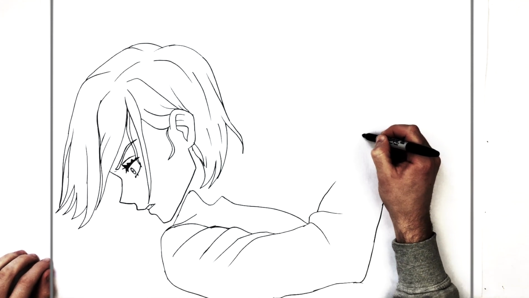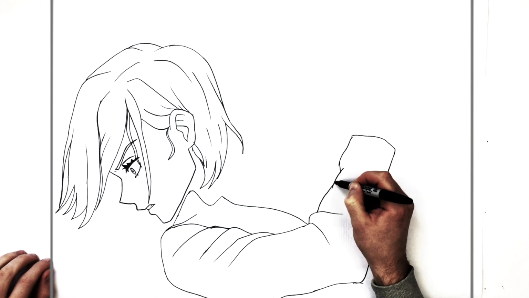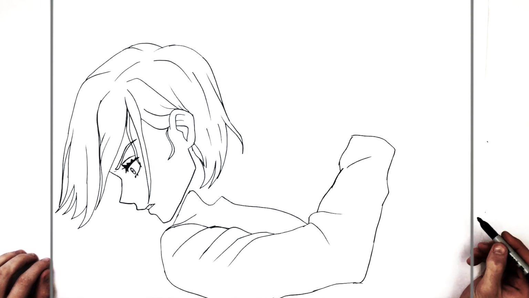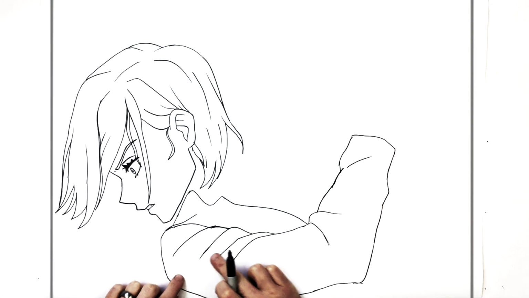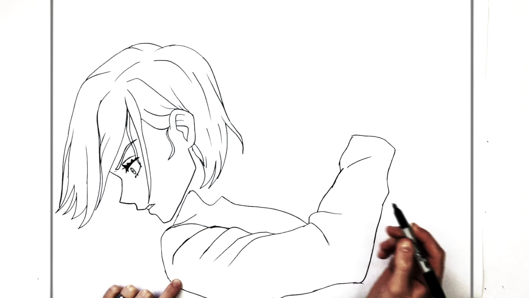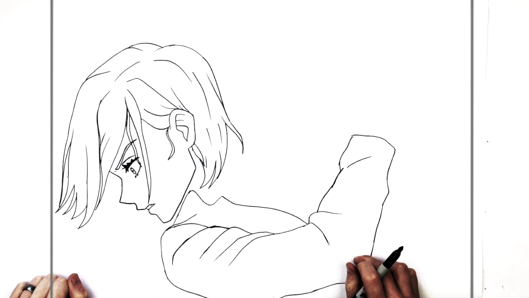This goes up around. So these are all bumps and folds. There's lots of different ways of doing that. You don't have to copy mine exactly. You just put a few bumps and crinkles and things on her clothing just to show where the arm bends.